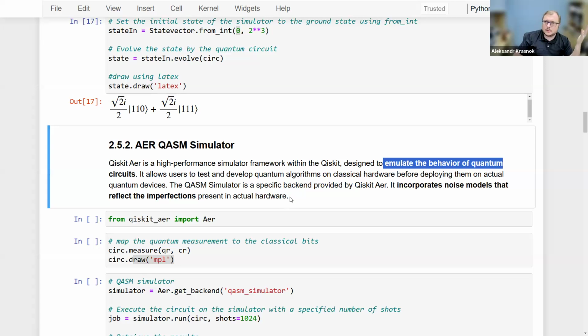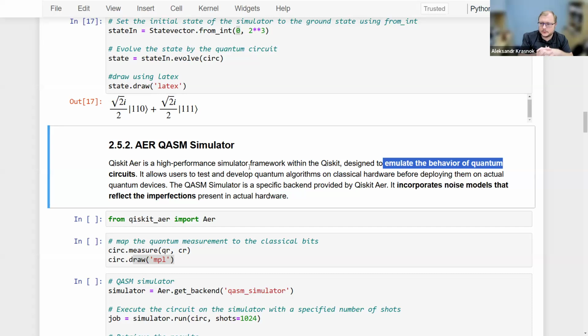What is the limitation of this simulator? The limitation is simply the number of qubits that you can simulate on your machine.